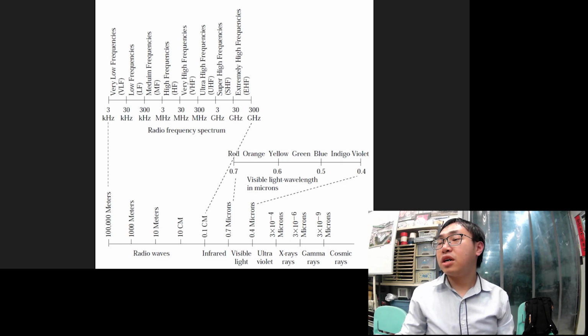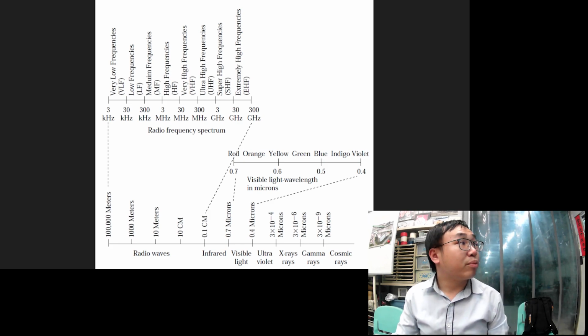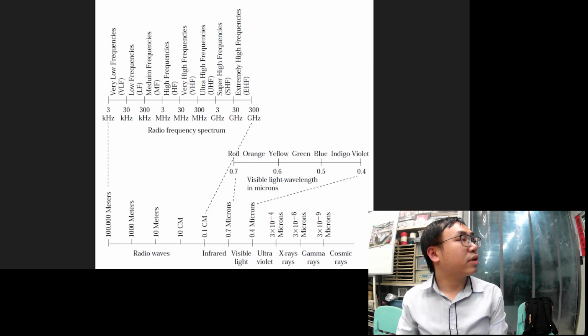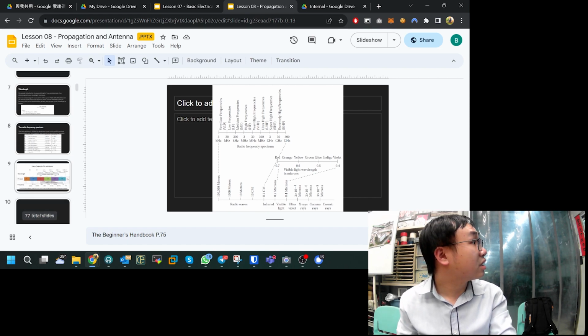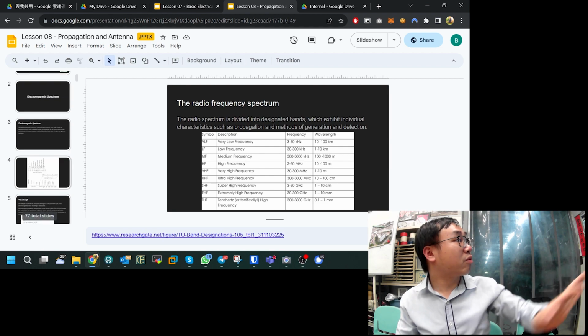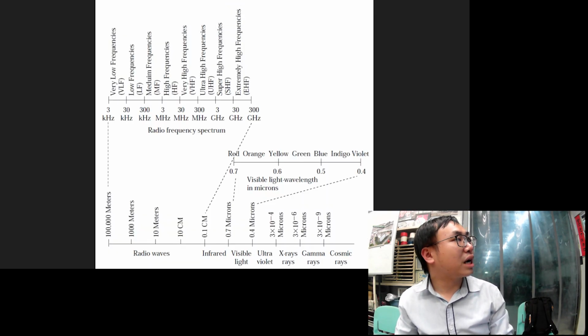Below high frequency, there is a new band called THF, but it will not be included in your textbook. I have another slide for a later time, so you can take a look. Don't worry, I'm just giving a very brief introduction first.